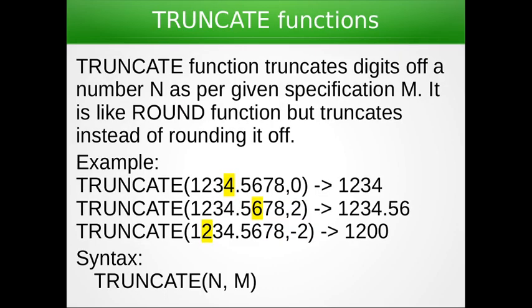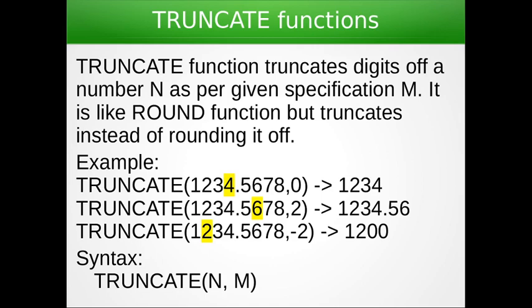Next function, that is our last function we are going to discuss today, that is truncate. Truncate function truncates or deletes the digits of a number n as per the given specification m. It is quite similar to your round function, but the difference is, in the round function the second argument is optional.